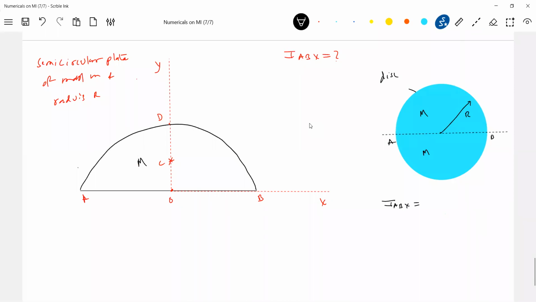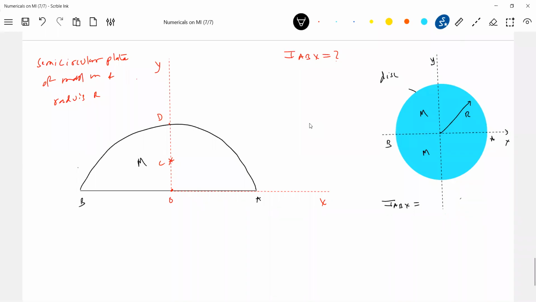I_ABX should be equal to, by applying the perpendicular axis theorem, how much? About the z-axis, it should be equal to how much? Mr squared by 2.